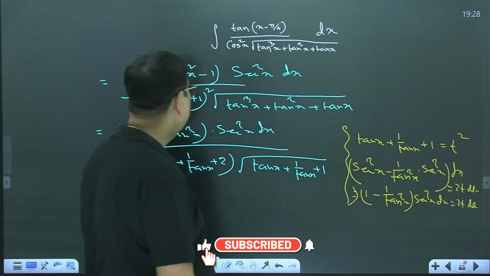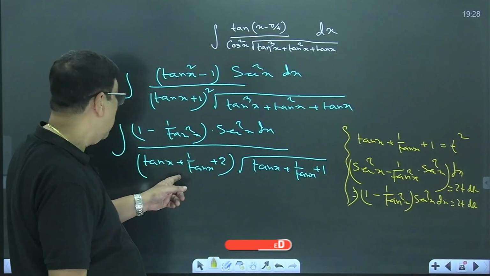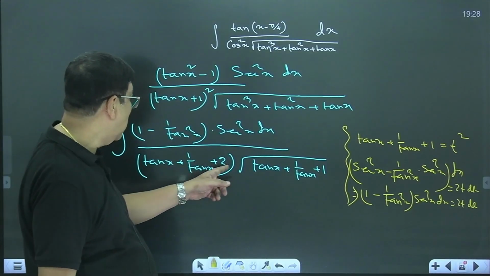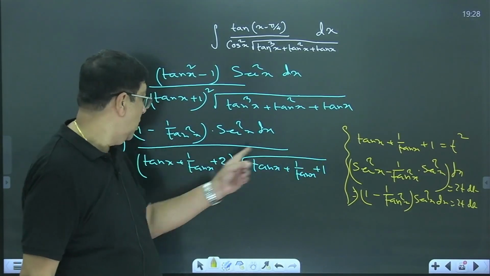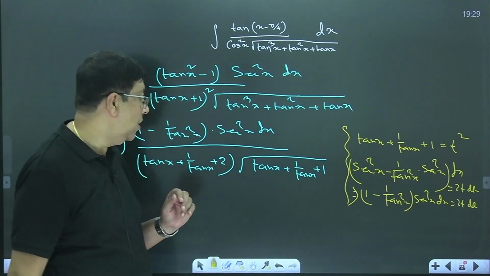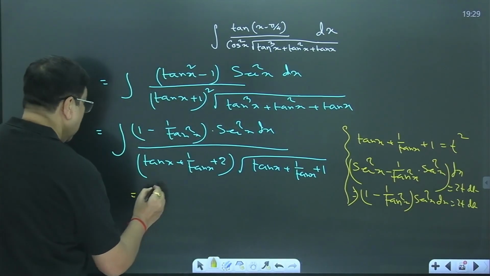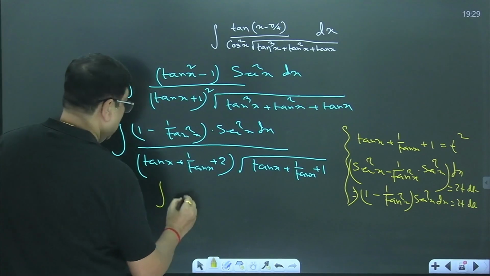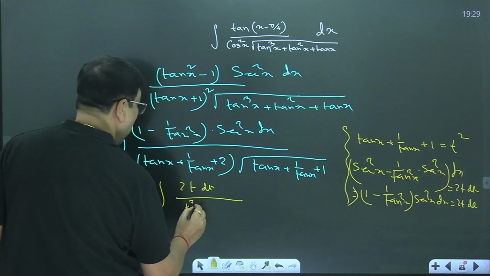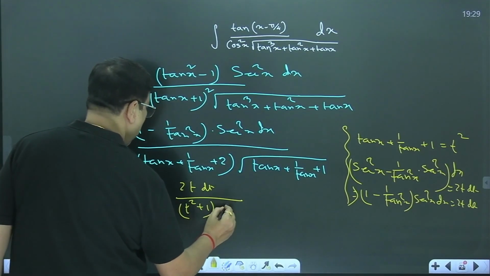So the numerator is replaced by 2t dt. The denominator is coming what? This is t square, and this is t square plus 1, because 2 is 1 plus 1. So what is coming here? The numerator is 2t dt, and the denominator is t square plus 1 into root of t square.